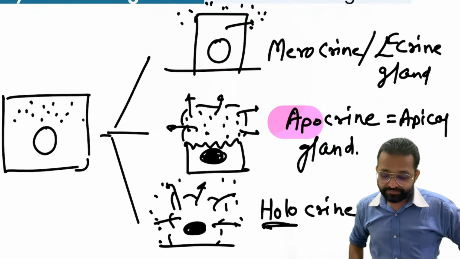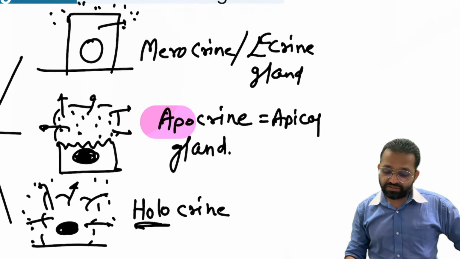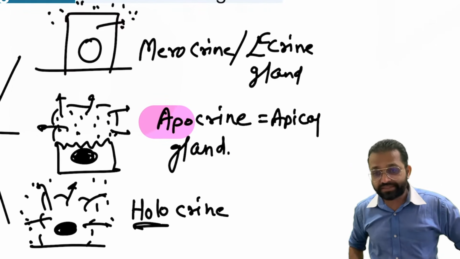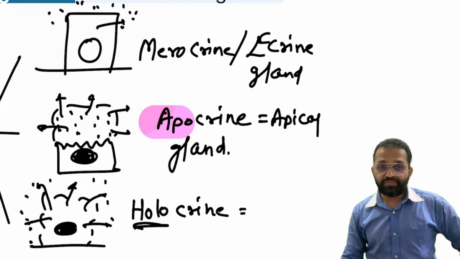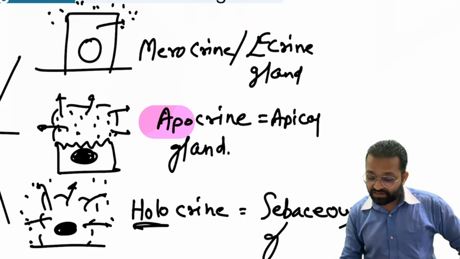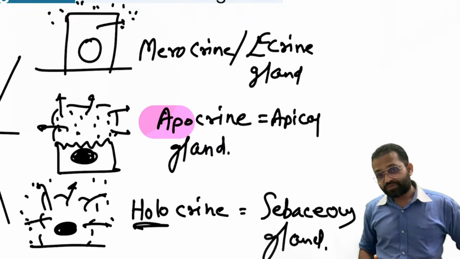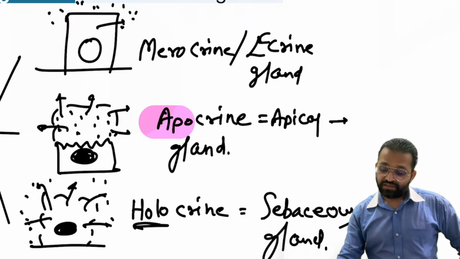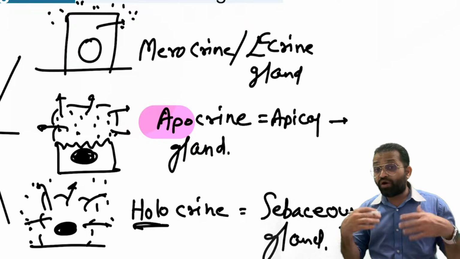Agree everybody? Fine. This is the thing which you have to remember. Now the example. The holocrine gland is our sebaceous gland. Sebaceous gland is a classical example of the holocrine. Apocrine: remember the modified sweat gland.